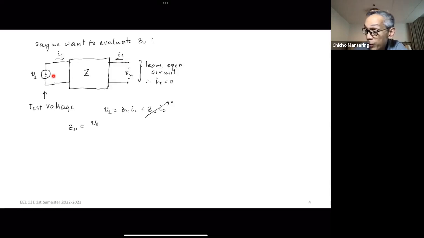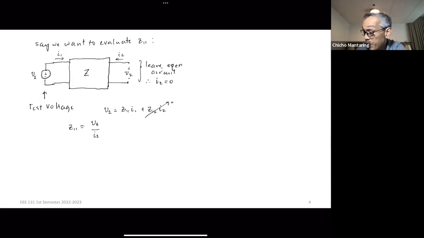Kung ano man yung value dito na kinabit natin, itong test voltage, divided by I1, which we have to determine. There might be a circuit inside here. After applying this test voltage, you have to determine ano yung value ng I1, and that is how you will get Z11.